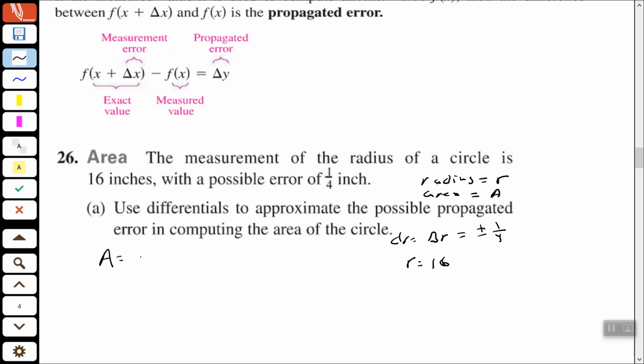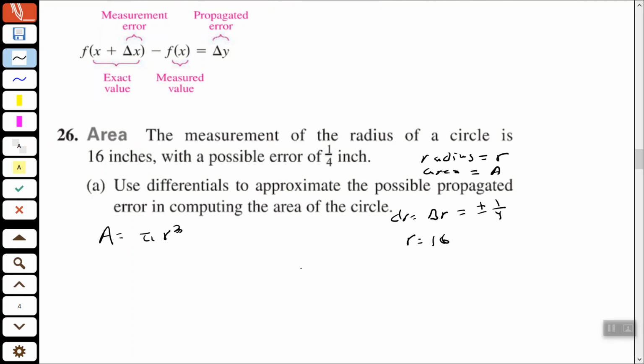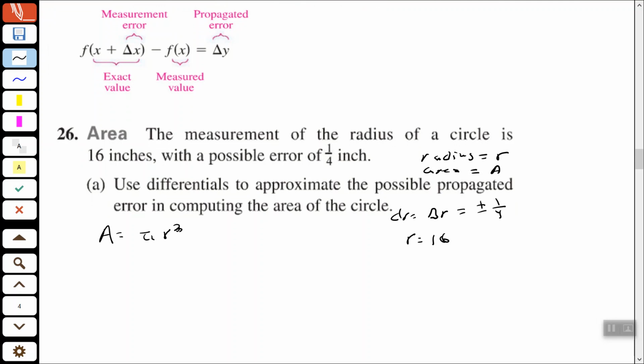We know that the area of a circle is pi times the radius squared, where pi is approximately 3.14. So pi is a number, in other words.